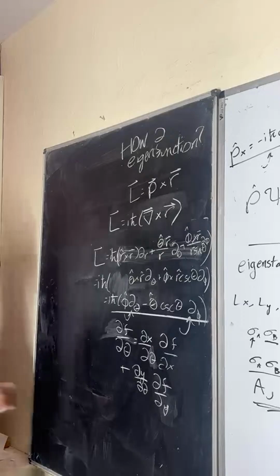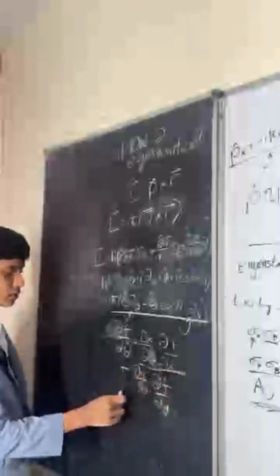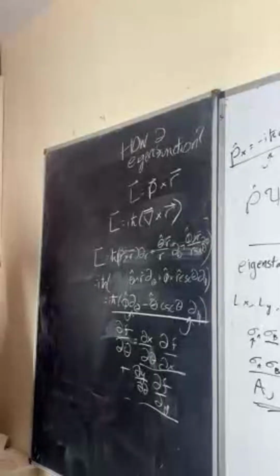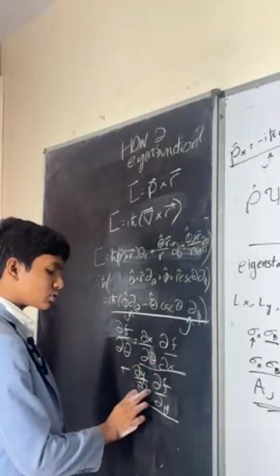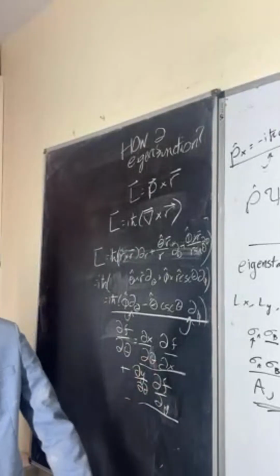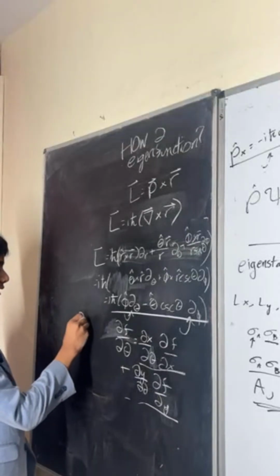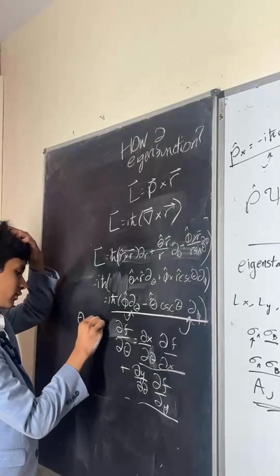I think it's the xy plane, which means we should be fine with this because partial z partial theta should be 0. Okay. So now we just have to figure out what partial x partial theta and partial y partial theta are, and we'll be all set. So what are those? Well, theta, at the end of the day, is equal to arctan y over x.